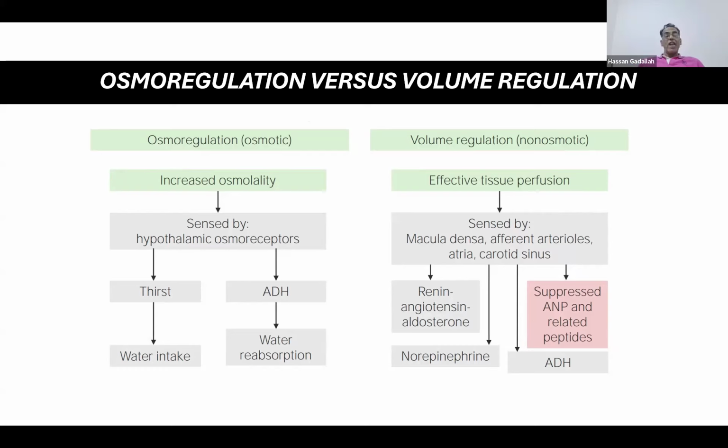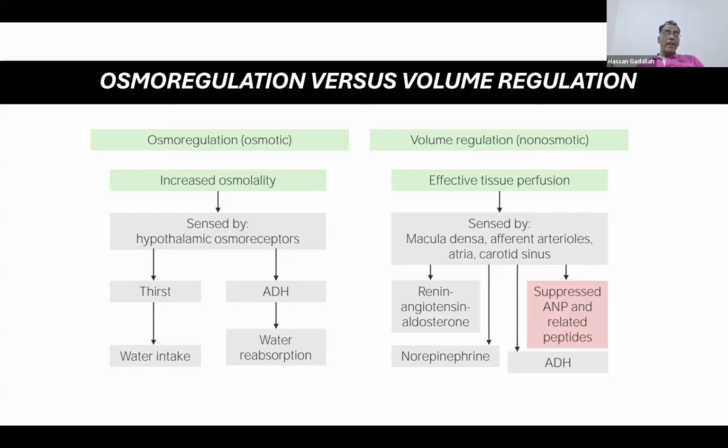Whenever we take any of these salty foods, which contain a sodium load, it is going to be absorbed, and when it is absorbed, it goes to the extracellular compartment. So it increases the plasma osmolality, because the amount of solutes relative to the water is increased.